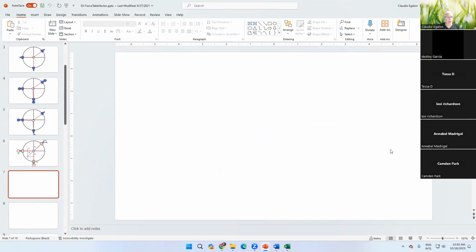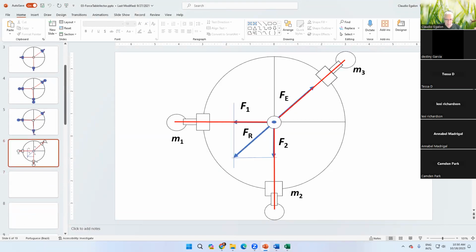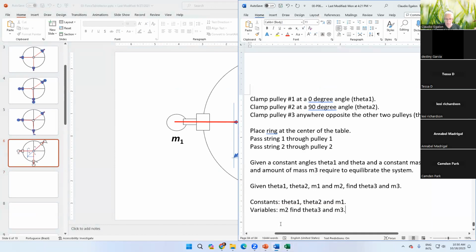That's what the experiment is all about. I'm going to give you what you need to know here. Protractor, resolution is 0.5 degrees.